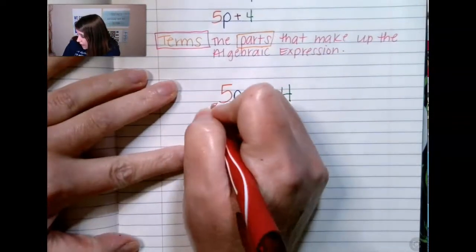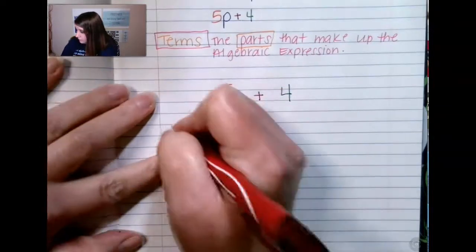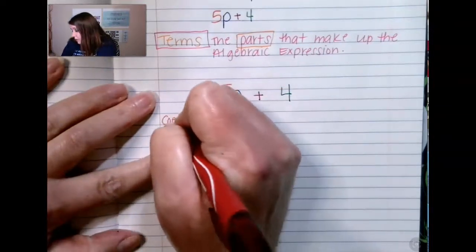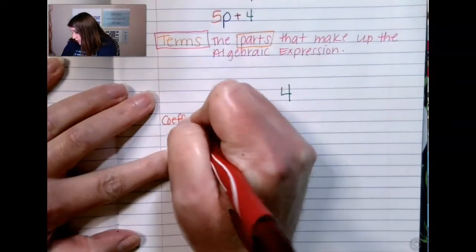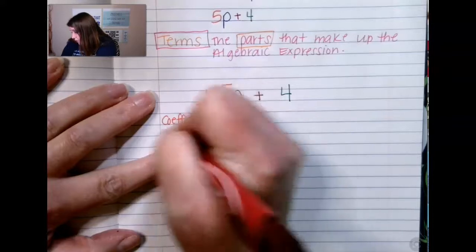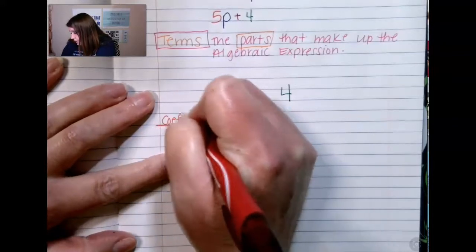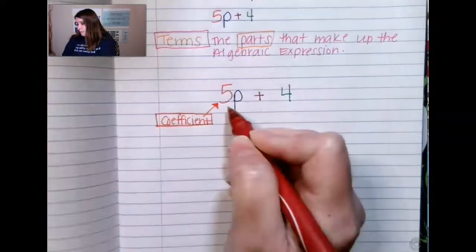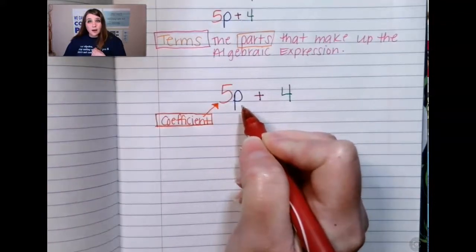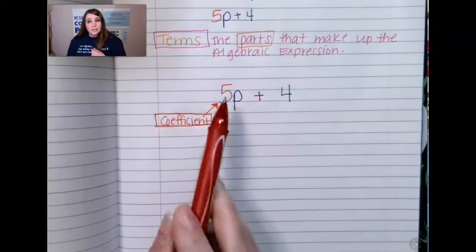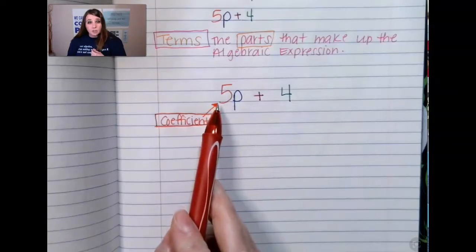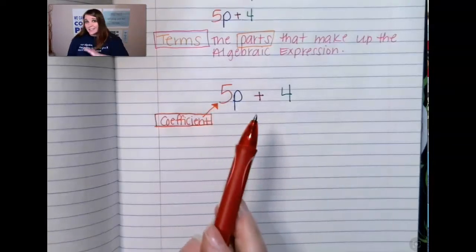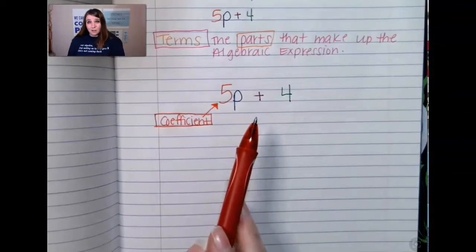So this red 5 is a coefficient. All right, so a coefficient is a number stuck to a letter. So it's the number that is stuck to the letter. It's not able to stand alone.